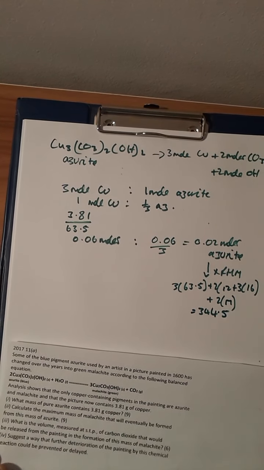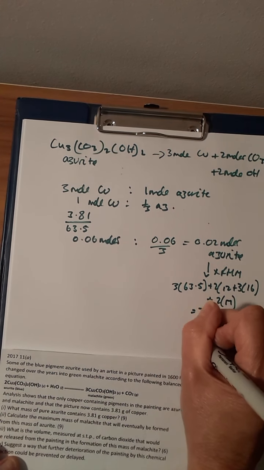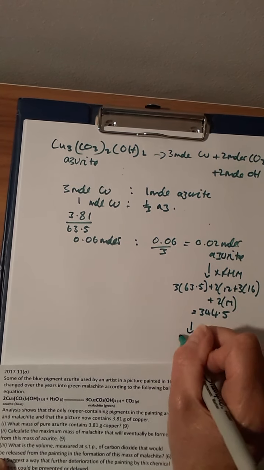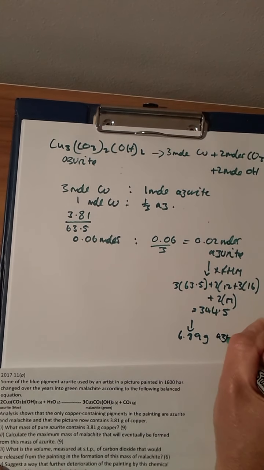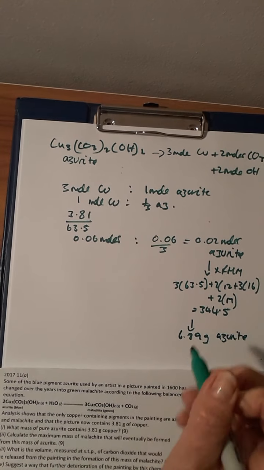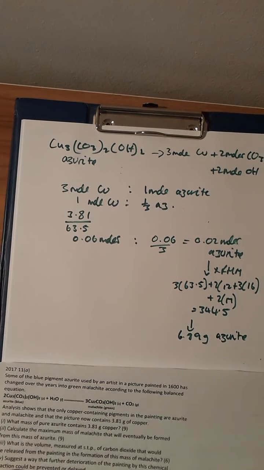So be really careful with the relative molecular masses, they tend to be nasty. And when we multiply that by 344.5, we end up with 6.89 grams of azurite. So 6.89 grams of azurite will contain 3.81 grams of copper. Okay, that's the first part.